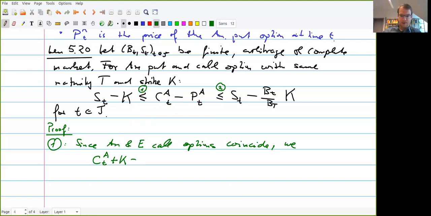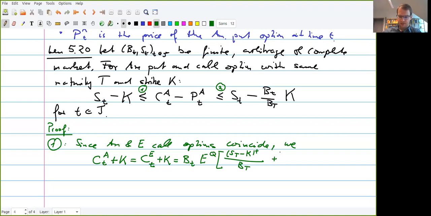I know this is the same as the price of the European call option at time t plus K. And now, as we already discussed for the put-call parity, I have the pricing formula for my European price, which is given by the conditional expectation under the martingale measure Q. Then I have to discount properly.